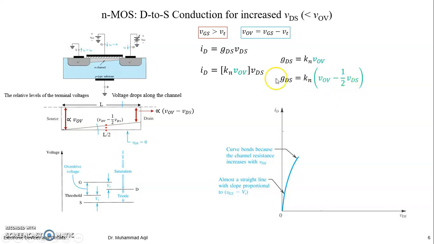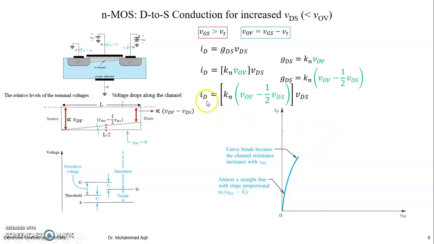Now you can see your relation is no more linear. It has curved bands because the channel resistance increases with VDS. If conductance is reducing, it means resistance is increasing. So it's the same statement.